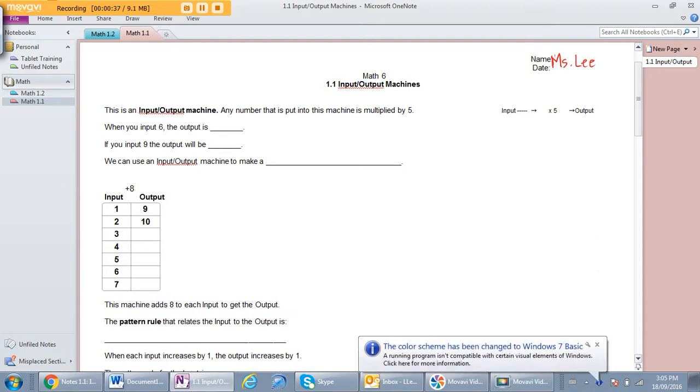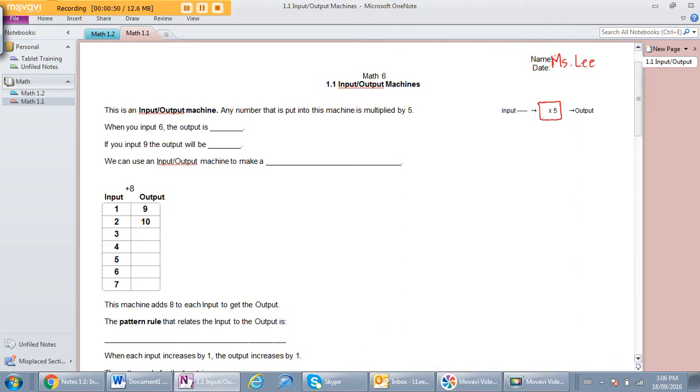So we're talking about input-output machines, and they're a way to show patterns with numbers. This is an example of an input-output machine. Whatever number I put into the machine, it's going to be multiplied by 5, and it's going to give me a different number as my output. For example, when I input the number 6, I can think, well, 6 times 5 equals 30.